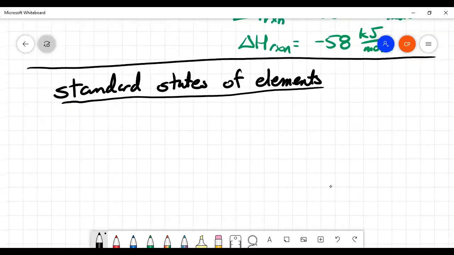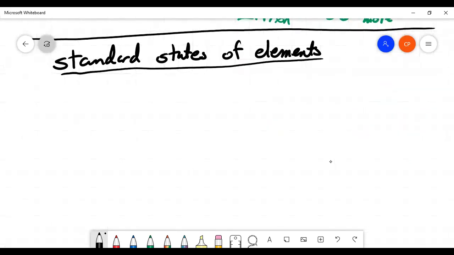Let's talk about the elements in their standard states. And I just started listing when I did this in the 8 o'clock section, some examples of elements in nature and what their standard states turn out to be like. And for the most part, standard states of elements are very straightforward to identify.